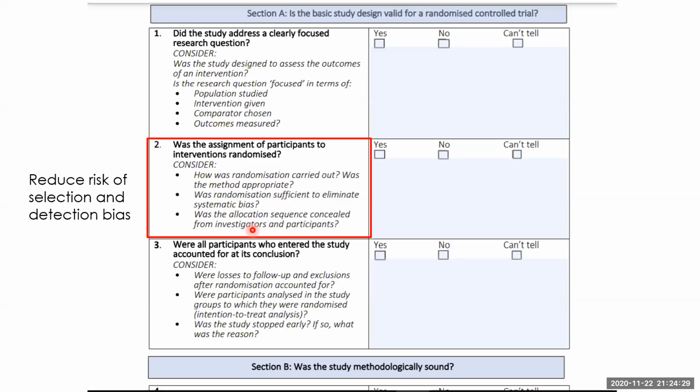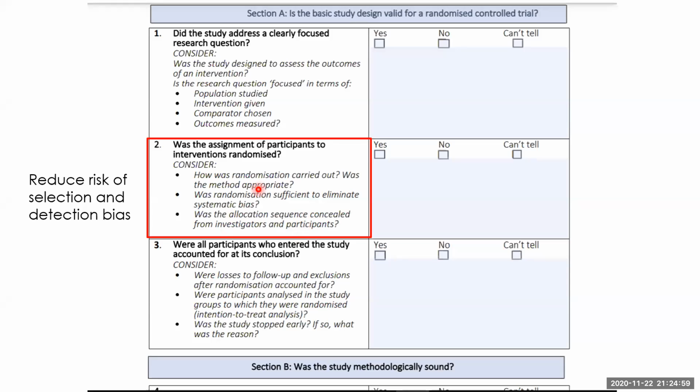The investigator and participants should not know to which arm they are included. For example, if participants know that they are included in the experimental arm, this will affect their behavior and may affect the outcome. Similarly, the investigator who assesses the outcome should not know which arm the participants belong to.